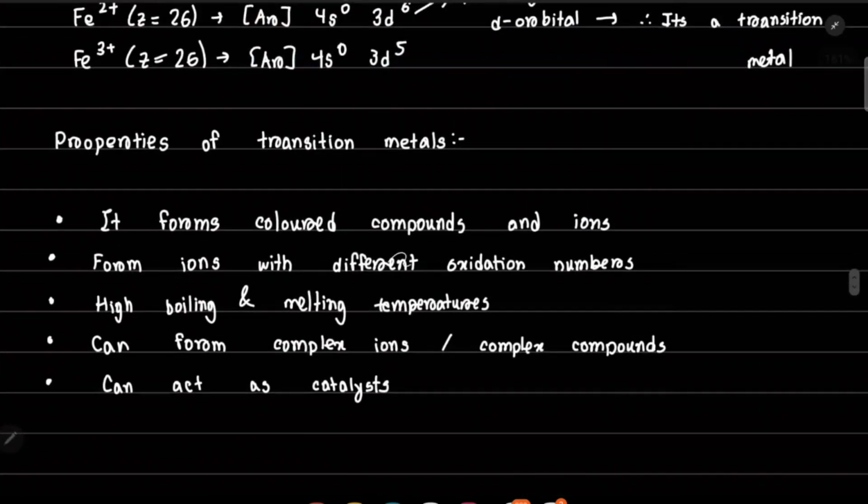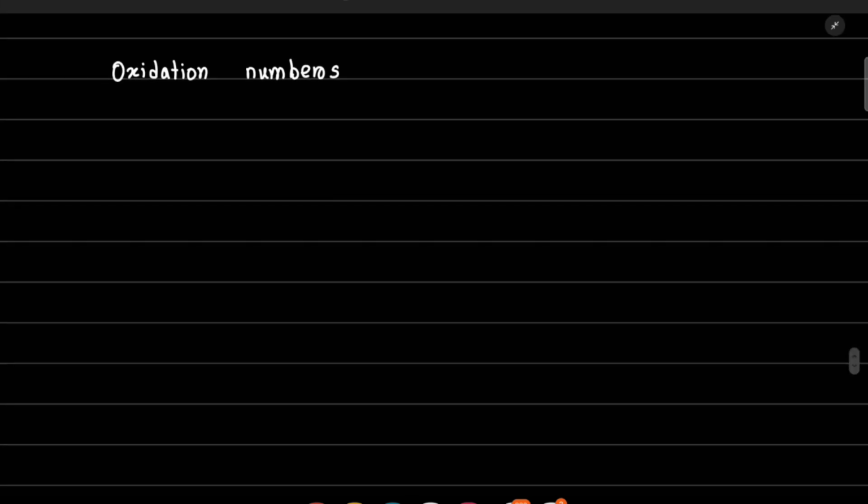Now moving on from this point, the oxidation numbers, we have a table for the oxidation numbers. So the oxidation numbers that exist for the transition metals, we can also learn for the other two d block elements we have learned, which are not transition metals.